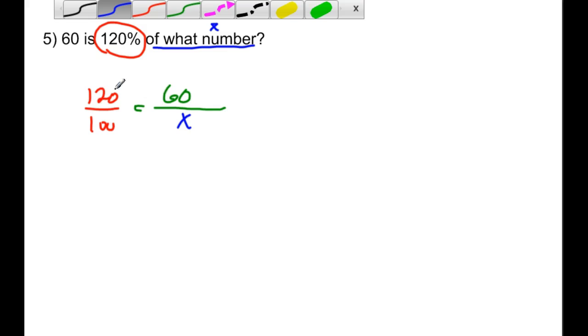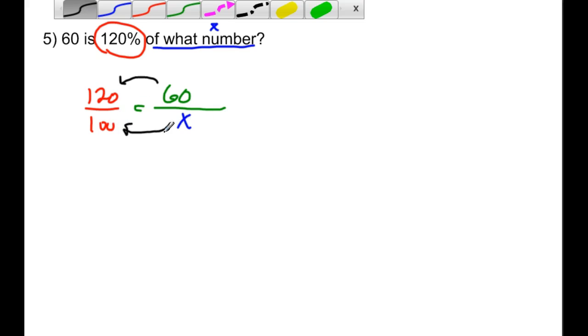You can look at the relationship side to side. Maybe you notice a pattern there, or if you can figure out one up and down, that's great. And try and match it the same way up and down. I noticed right away that this one times 2 gives 120. So it's going to be some number times 2 that would give me 100. Or this divided by 2 gives you 60, so this divided by 2 would be 50. The answer is going to be 50.